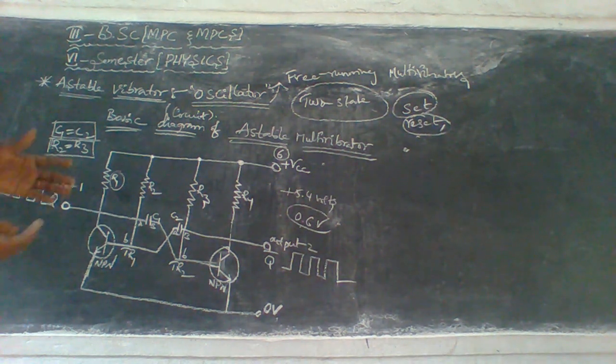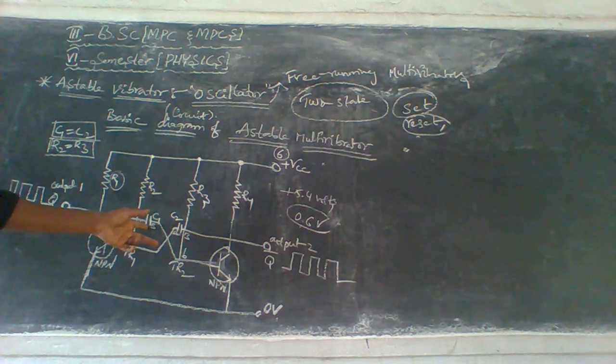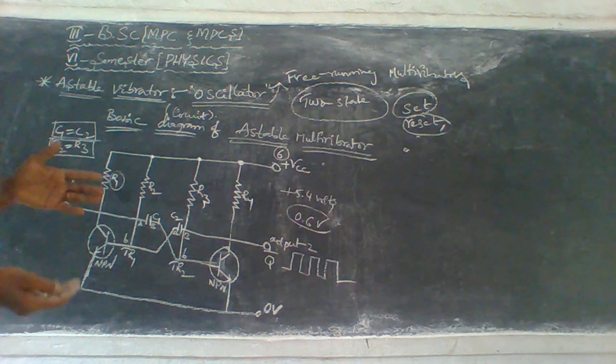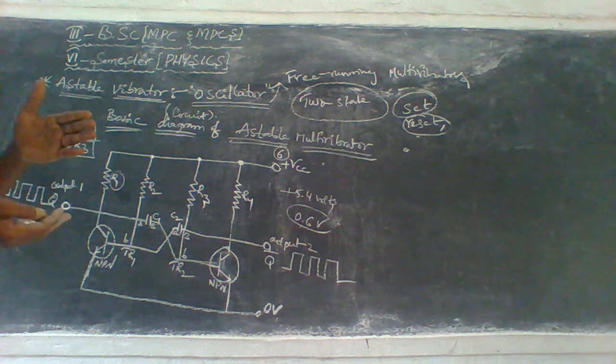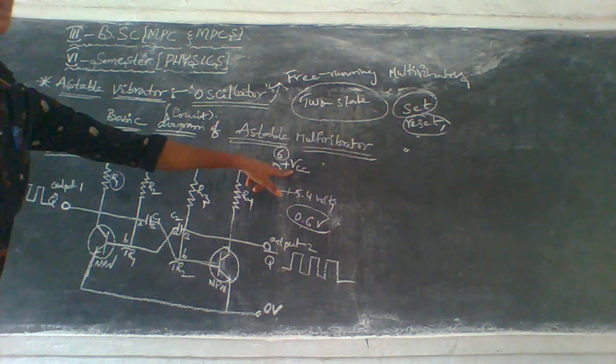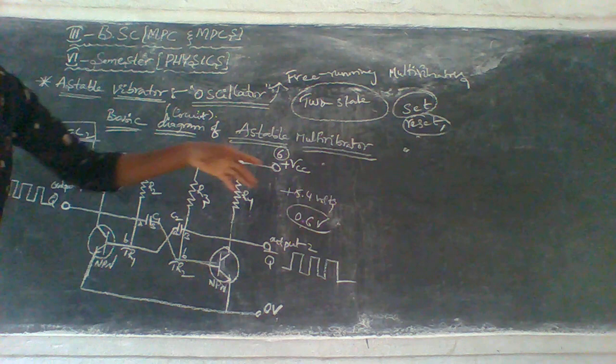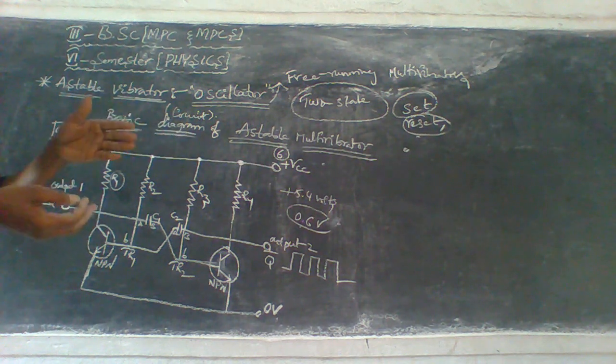Okay, so here the instant transistor TR1 switches on, plate A of the capacitor, which was originally at the power supply potential VCC, immediately falls to 0.6 volts.